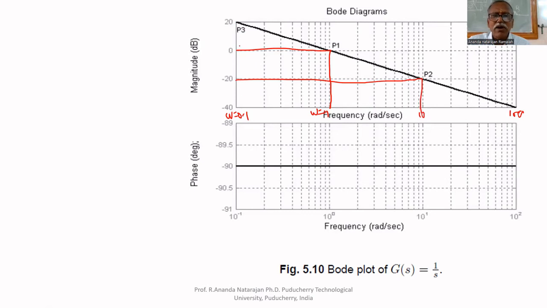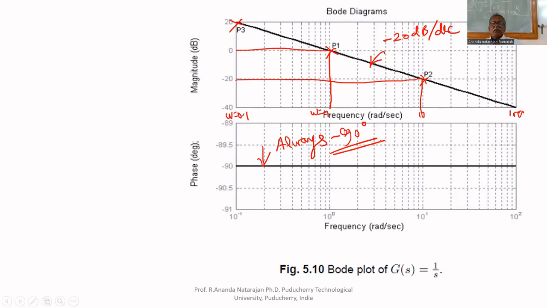When omega equals 0.1, plus 20. The slope is minus 20 dB per decade. The phase plot is always minus 90 degrees, because the real part is 0.